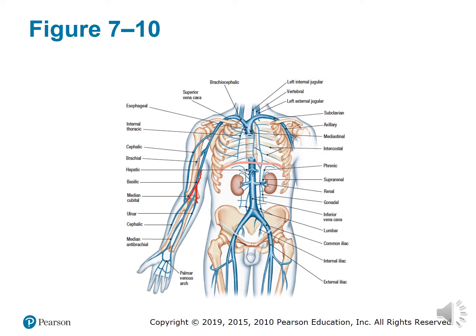This is typically where you see that vein right there at the bend of the elbow.